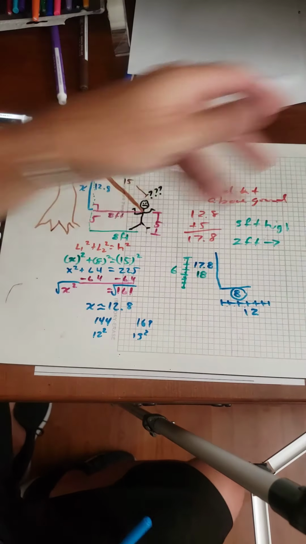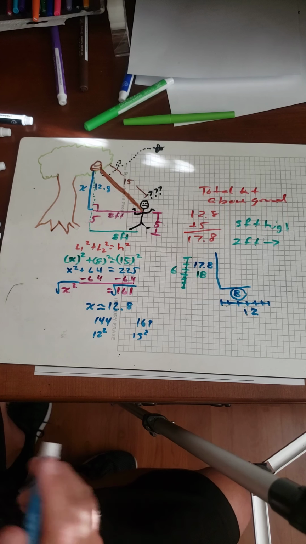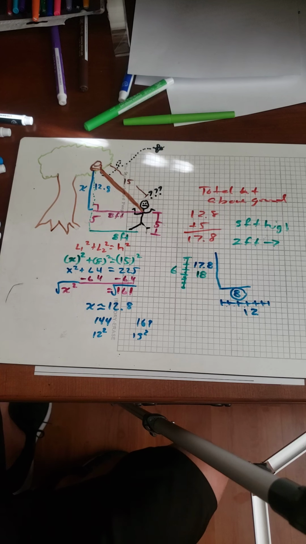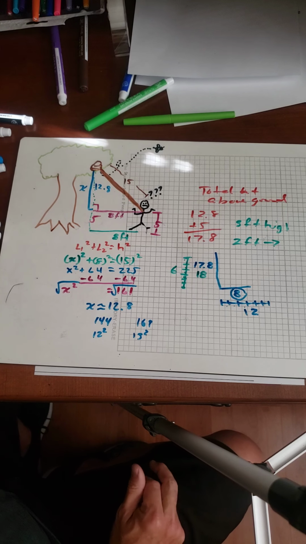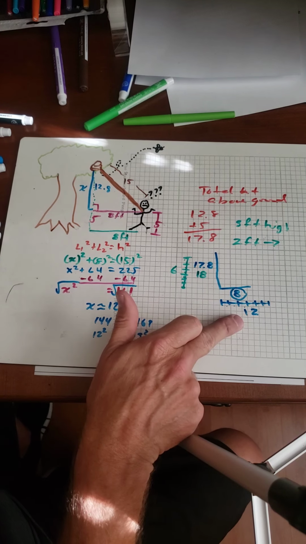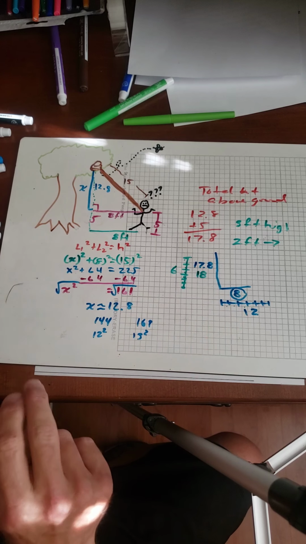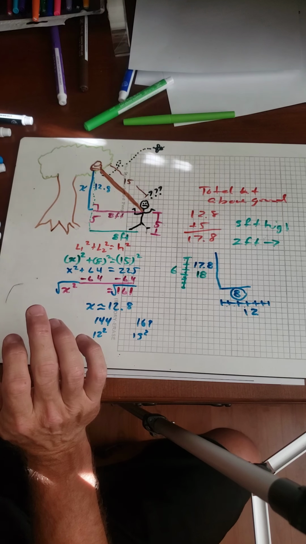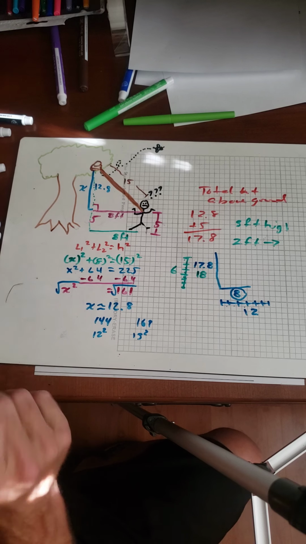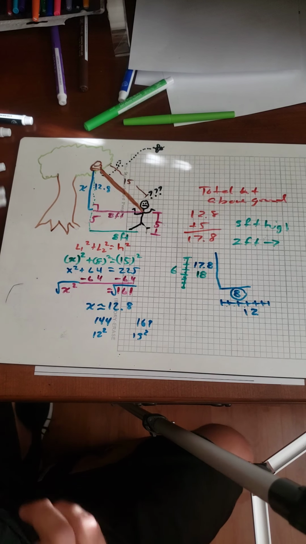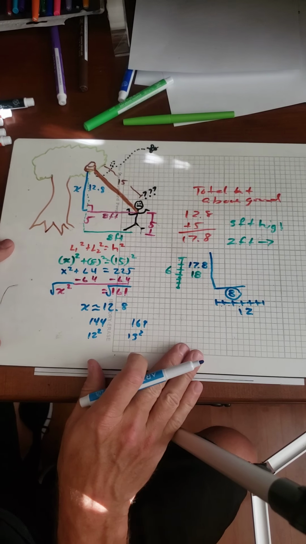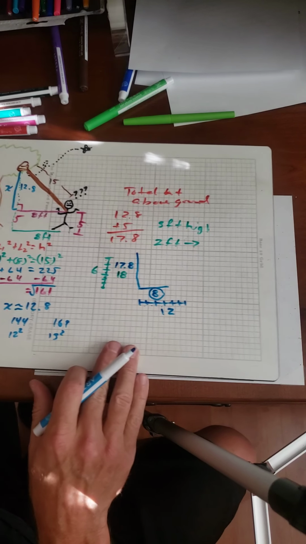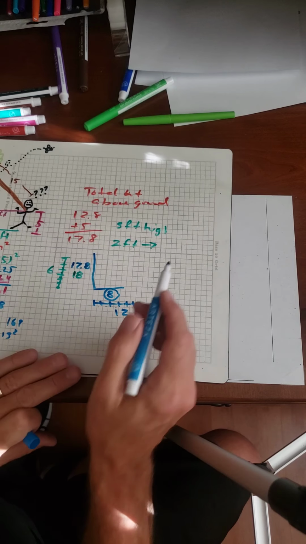The second part is, how far do you need to be in order to be safe? Like that's not true. The second part is, how long does your stick need to be? So if I need to be 12 feet away, I'm going to slide this over to the side here and use this space. Okay.